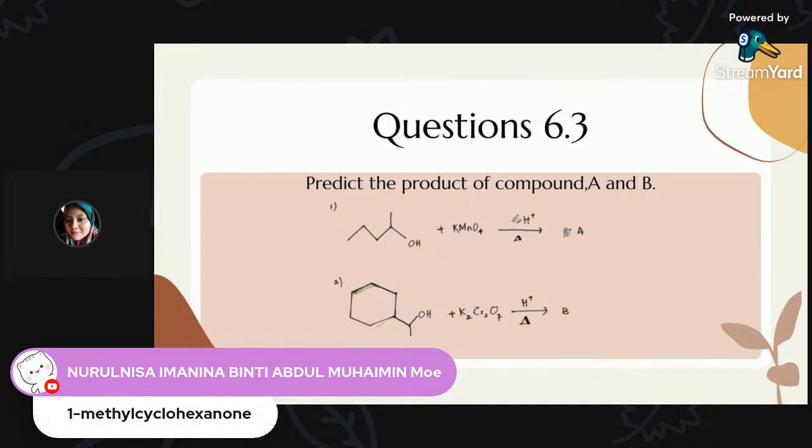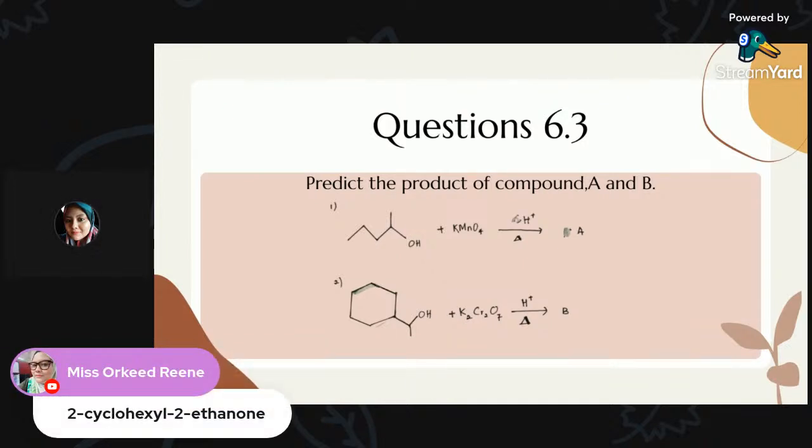Okey, 2 ethanol. Betul tak? Sebabnya yang rantai 1, 2 ni, 2 karbon ni akan jadi parent name sebab dia ada functional group. Okey, so yang ni tak akan jadi parent name.